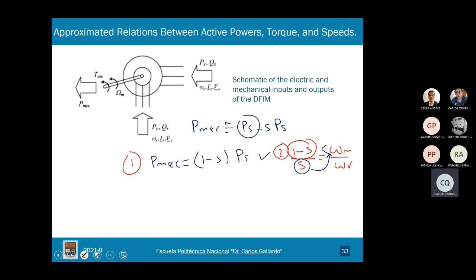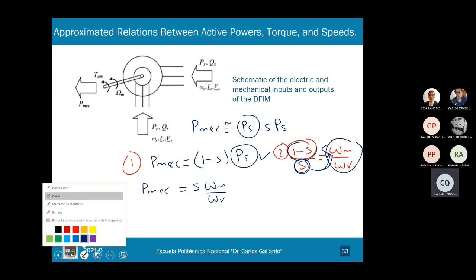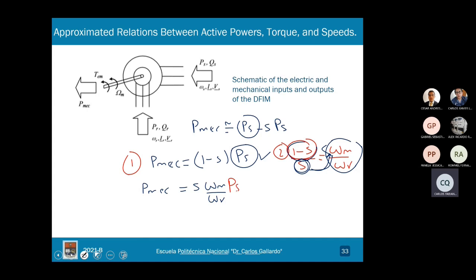So substituting into this equation, I will get the mechanical power equal to the slip times the mechanical power over the rotor speed times the stator active power.